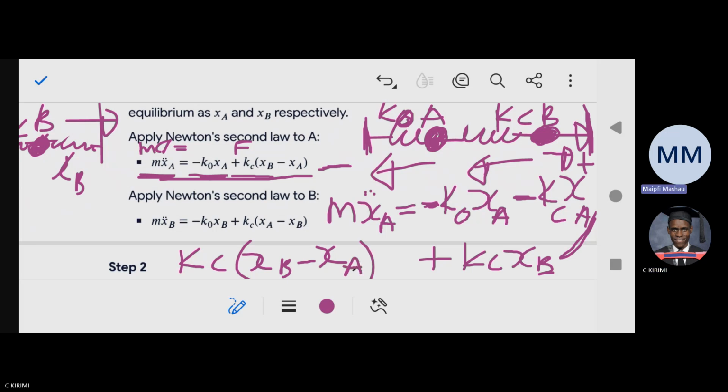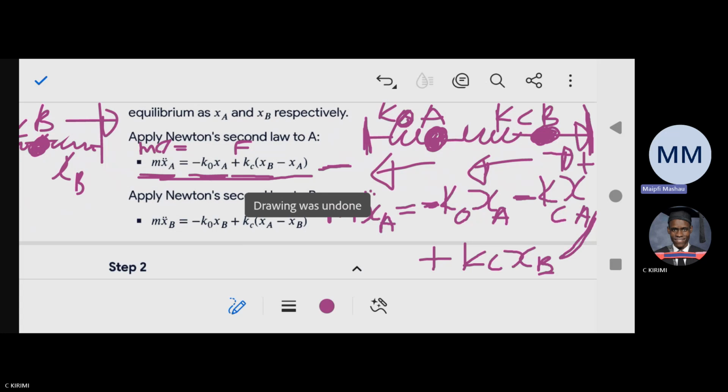Okay. The first one, the K naught XA is going in the negative, the left direction. That's why we write it as negative K naught XA. And also this Kc. Yes, you can explain. That's what I want to hear. The second part, the Kc.